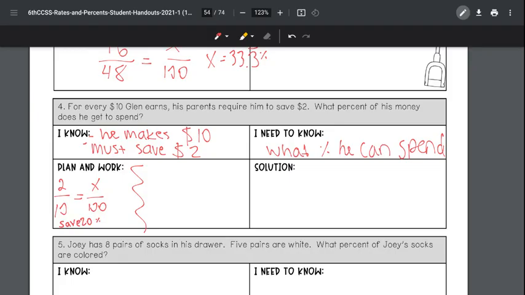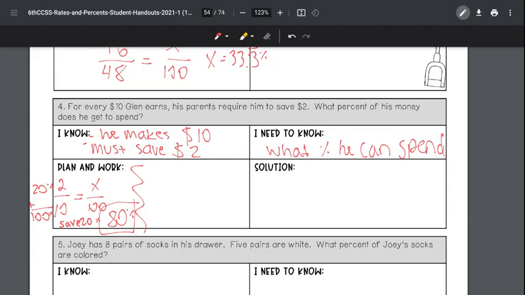And I know the saving percent plus the spending percent has to equal 100%. So 20% plus some other percent equals 100%. 100 minus 20 is 80%. So he can spend 80%.